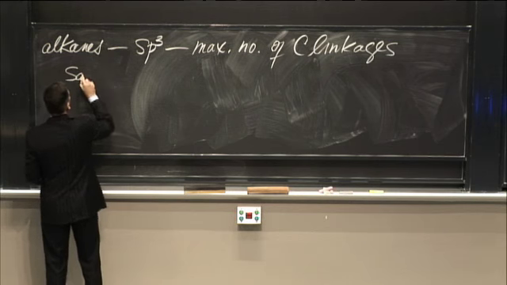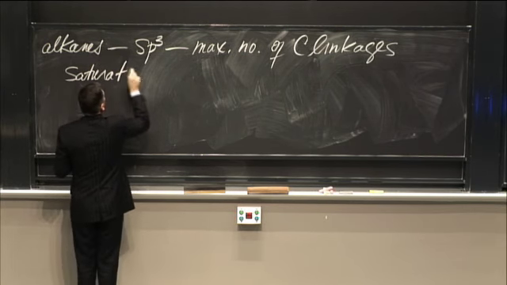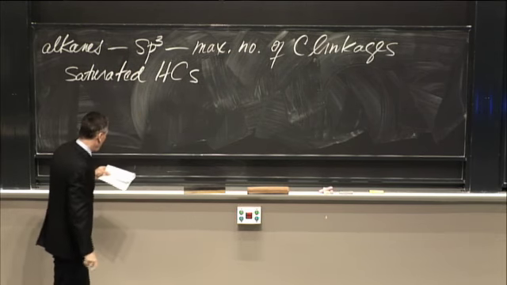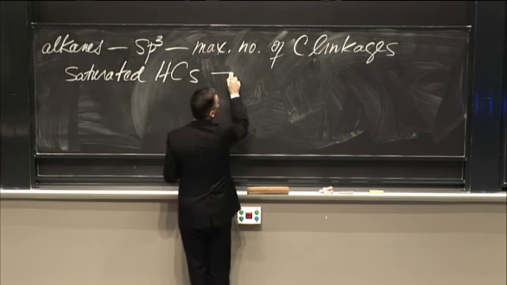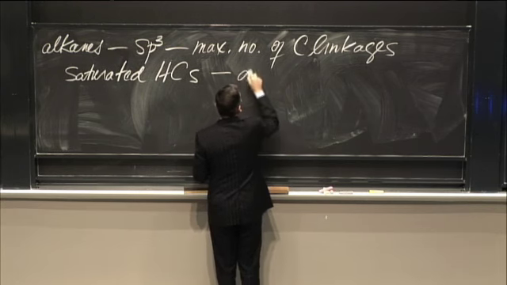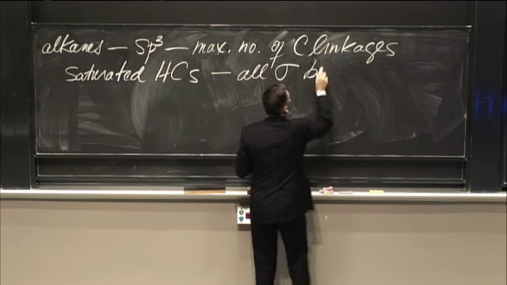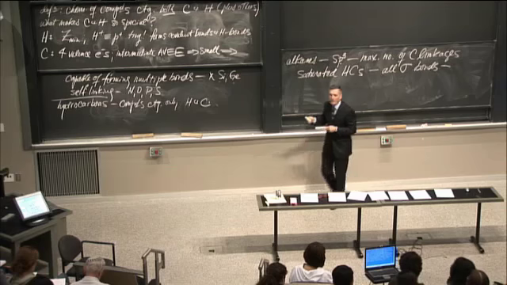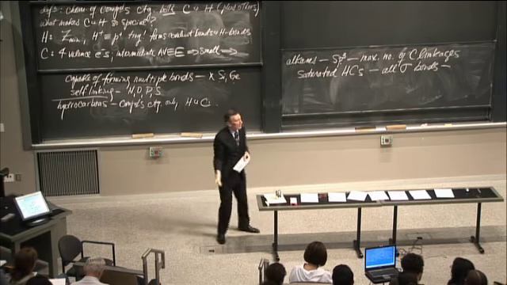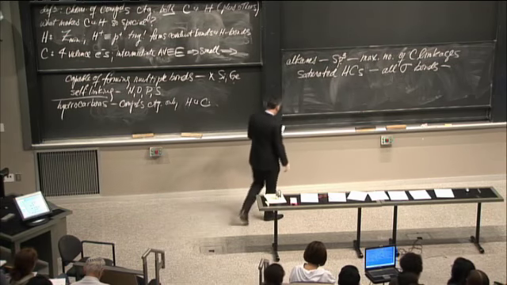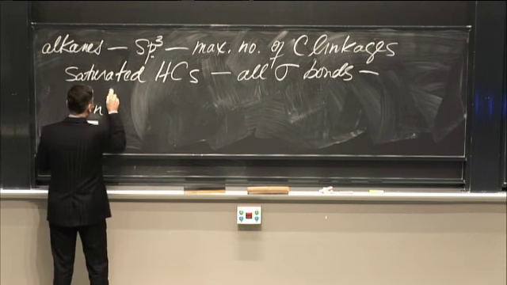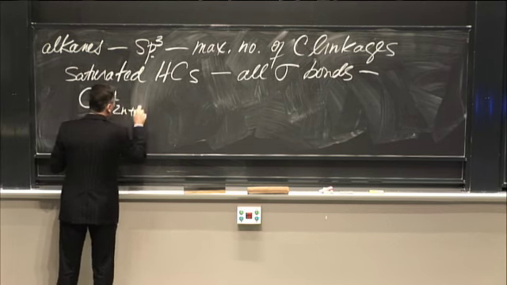These are called saturated hydrocarbons because they've got the maximum number of linkages, bonds, and they're all sigma bonds. All of this is a consequence of the choice of sp3. I could have led you through all of this, but we're putting it up quickly here. All right, and so they have a common formula, CnH2n+2.